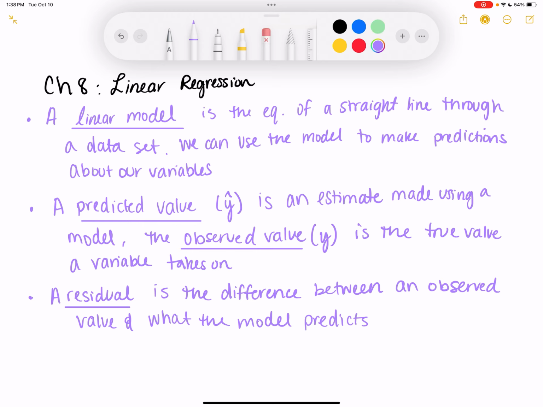And the formula for that is y minus y hat.